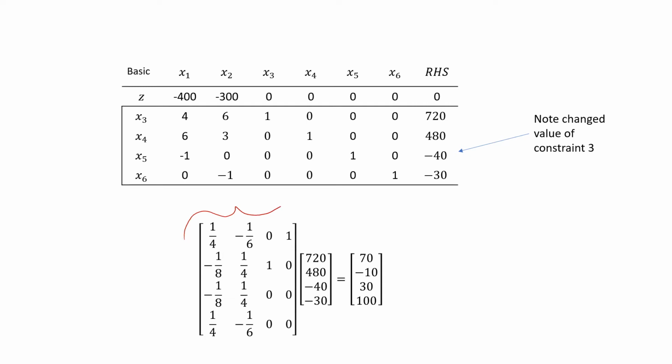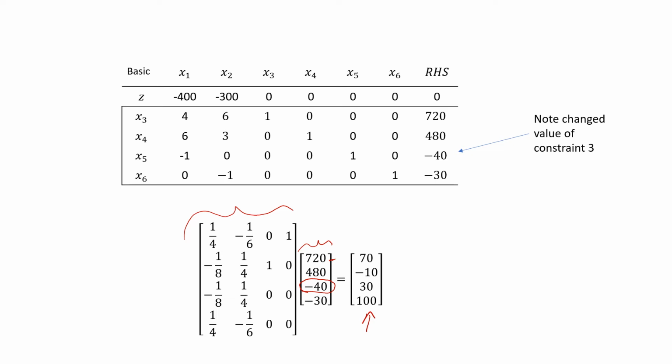So here's the inverse matrix. Here is the new initial tableau right-hand side. And see, the only difference here is that we've gone back to the 720 from our original problem. Instead of having to make 20 cars, it forces you to make 40. So that gives you a new right-hand side.